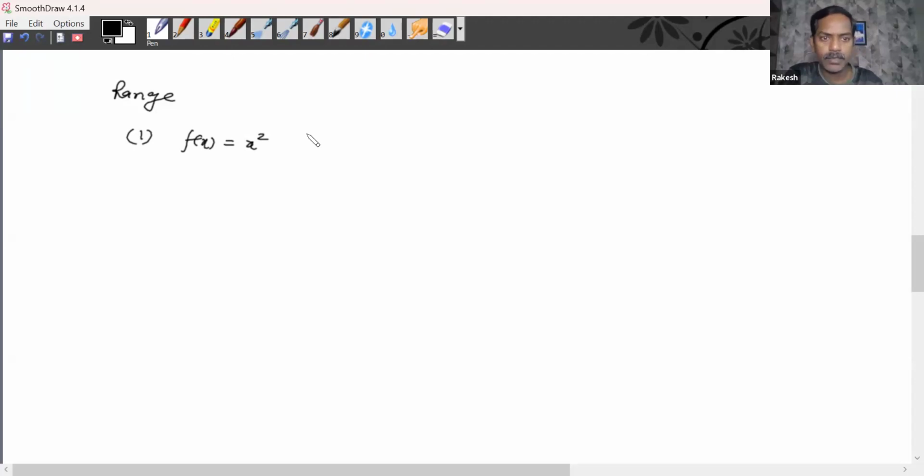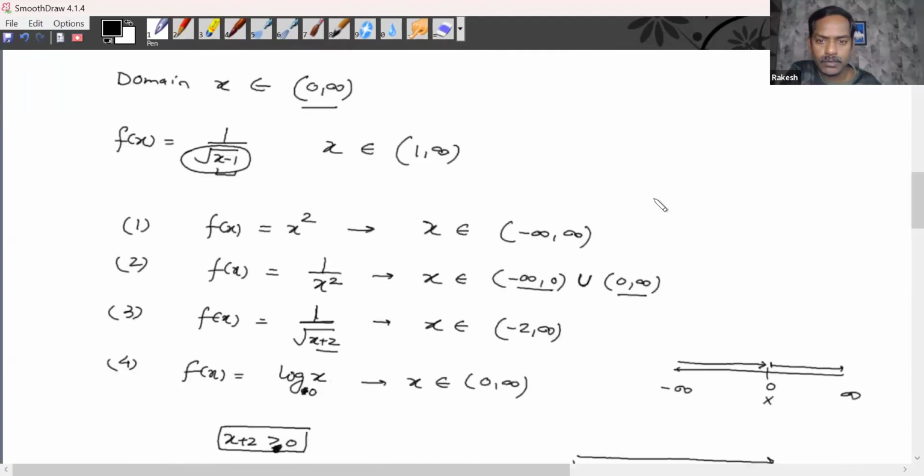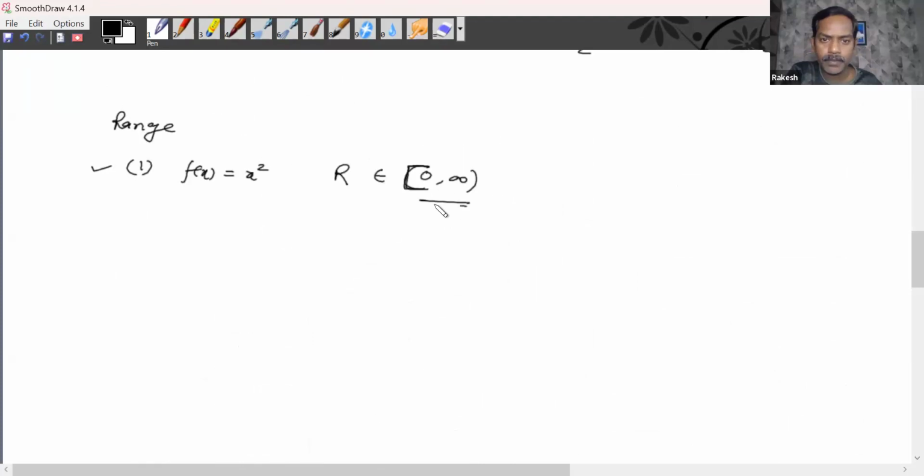Any positive real number. So here again, the range will be what? It will be an element from 0, including 0, till infinity. So range is also in this particular form. So if I compare the range and domain, the domain here was any real value, but the range here is only non-negative real values, right? Because it can't take negative value.